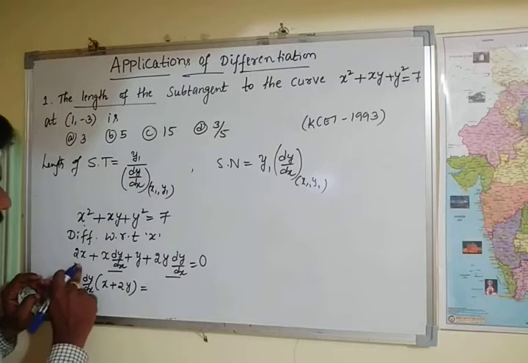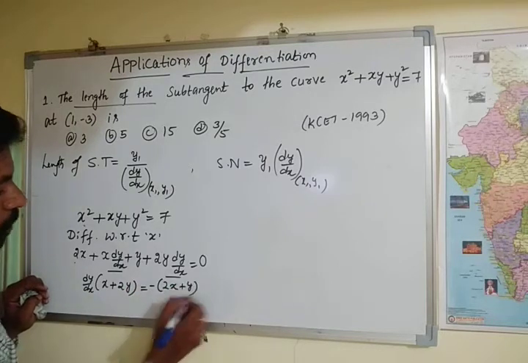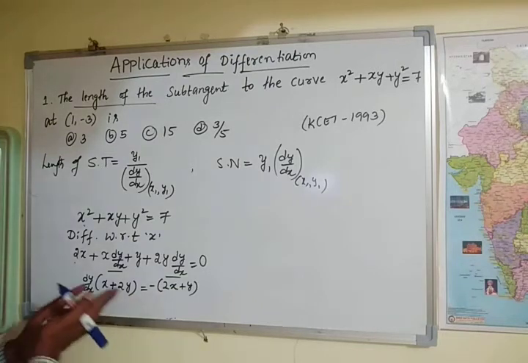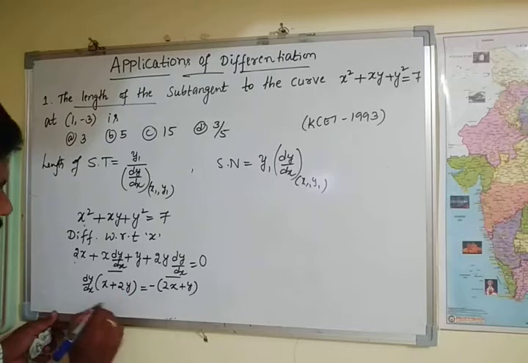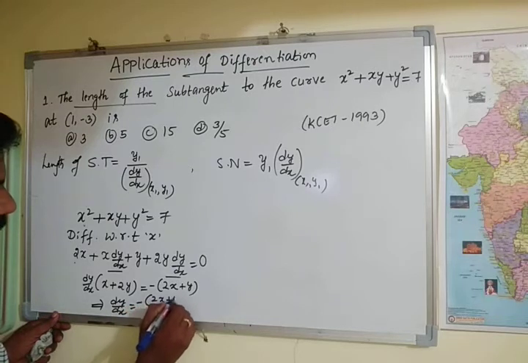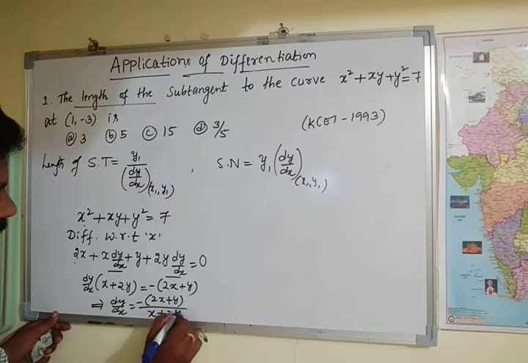We get minus 2x minus y, that is minus of (2x plus y). Next, divide both sides by x plus 2y. The left hand side is cancelled. This implies dy by dx is equal to minus of (2x plus y) divided by (x plus 2y).